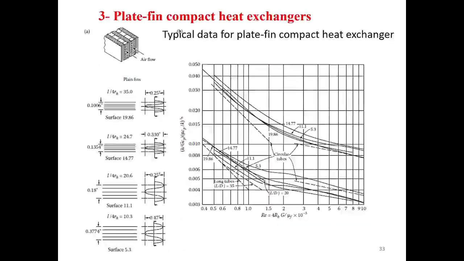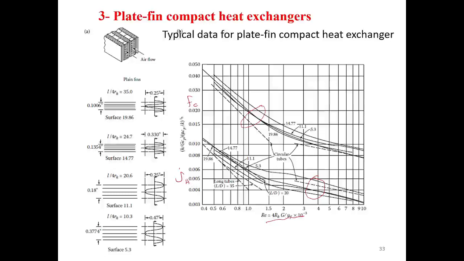In the book, a figure which summarizes some of the surfaces is given. Here we have 5 surfaces that give you the f value, and the same 5 surfaces give you the j_H factor along with Reynolds number on the x-axis, and then a drawing showing the geometry for each of these surfaces is given at the left-hand side of this figure.